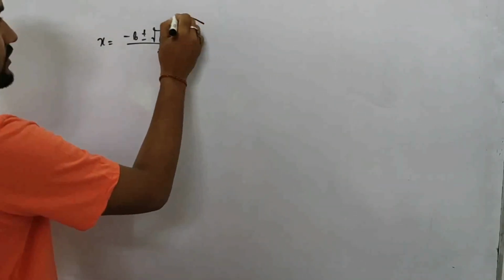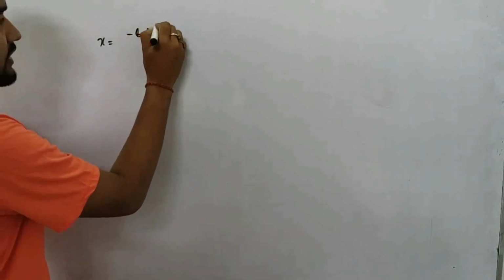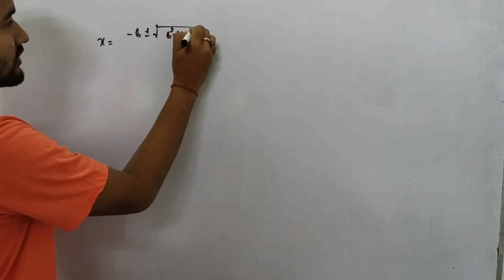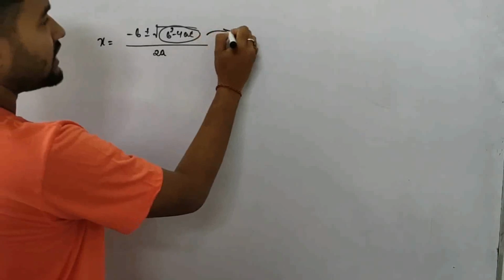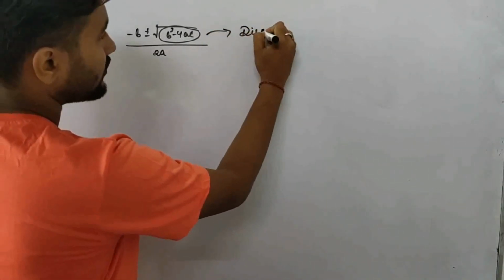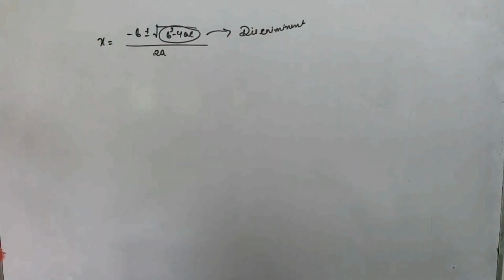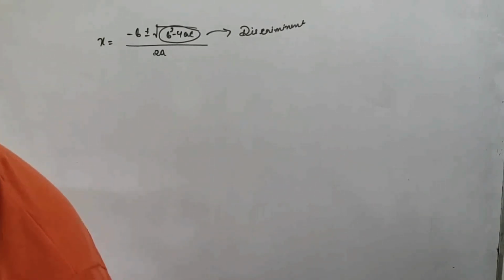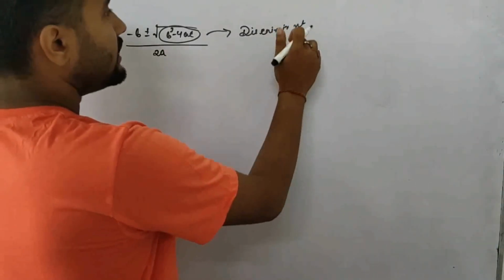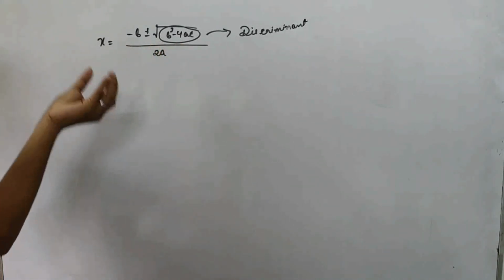This inside part is known as the discriminant. D-I-S-C-R-I-M-I-N-A-N-T, N-A-N-T. Known as discriminant, this inside the square root.